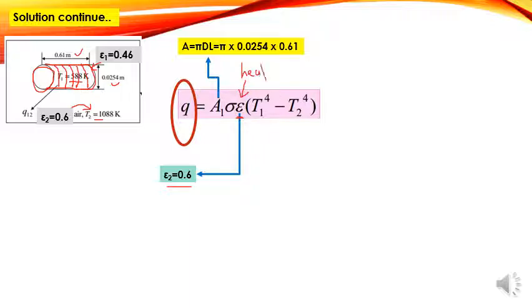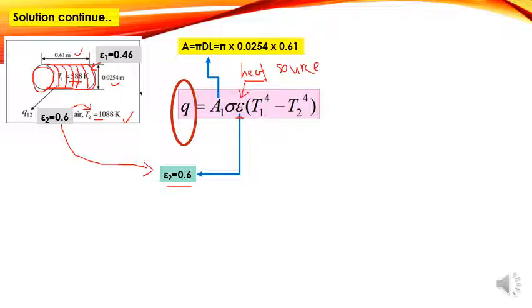So in this case, which object or which part is actually the source of the heat? When I say the heat source, that means it should be the object at the high temperature. So in this case, the highest temperature is actually the surrounding temperature at T2. So that's why for the emissivity here, I use emissivity 2.